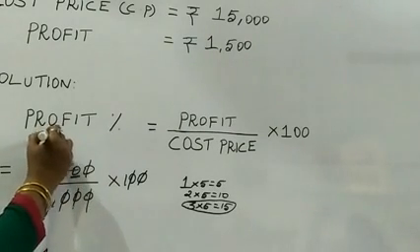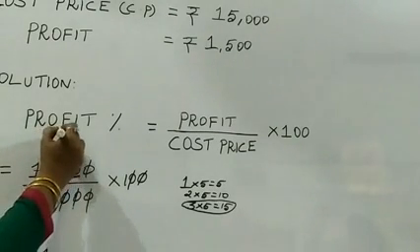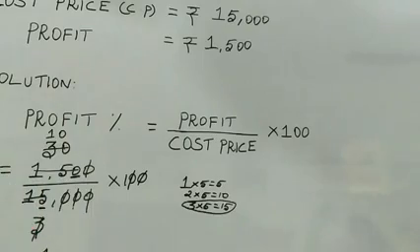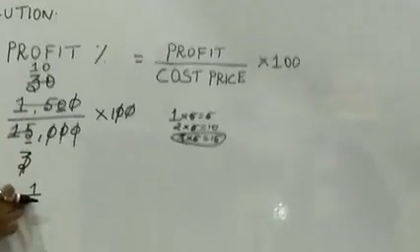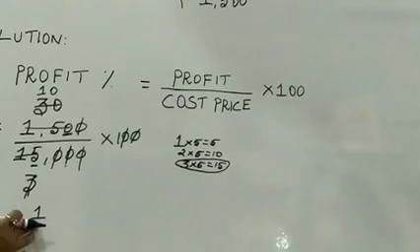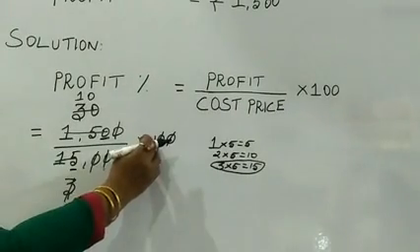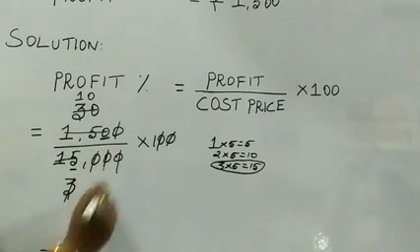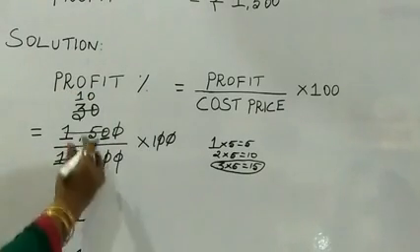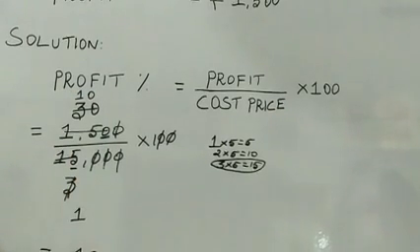Here 1 3 is 3. Here you have 0, so 10. In the denominator you get 1 alone, so no need to write it. Here also 1. So 1 10 is 10, or 10 ones are 10.